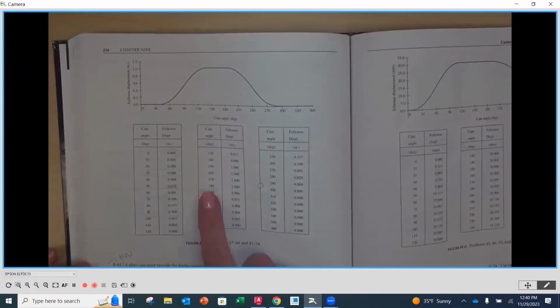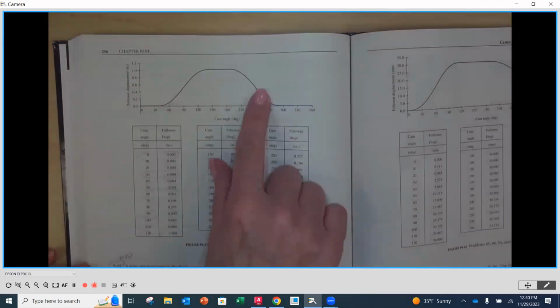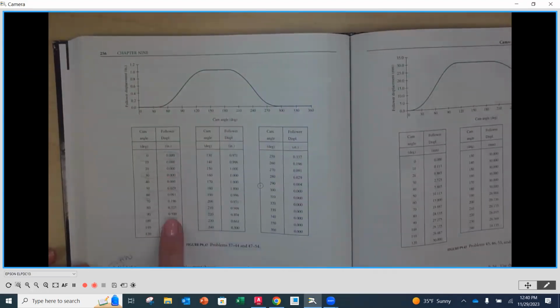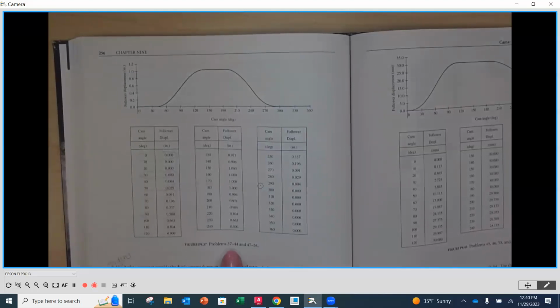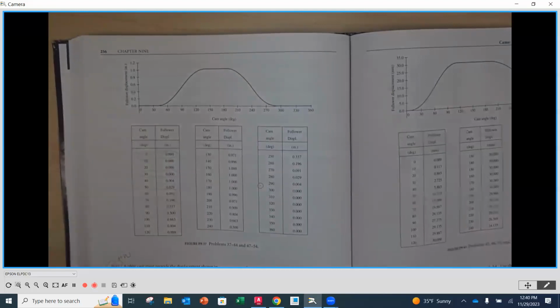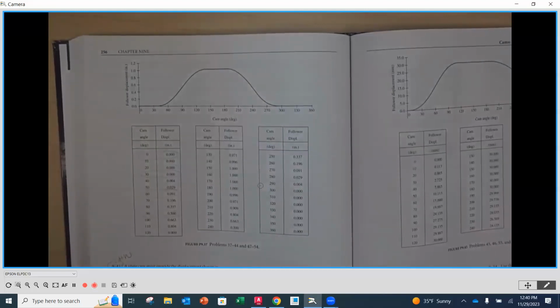For both problems, the displacement diagram is on page 256. So the diagram is here, and it has all the information of the corresponding angle to the follower displacement, but you only have to do every 30 degrees, not every 10 degrees. All right. And that's for both numbers 39 and 41. Same displacement diagram.